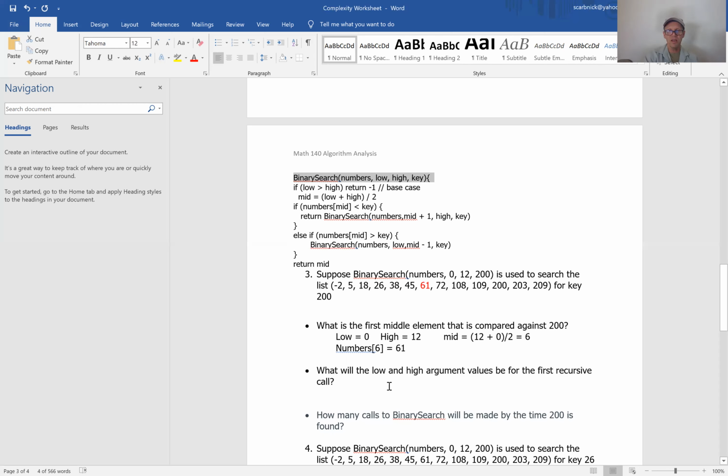So low, in this case, is mid plus 1, which is 6 plus 1, which is 7. And then the high doesn't change. It's either the high that changes or the low that changes, but definitely not both. So the next time you call binary search, the low will be 7 and the high will be 12.